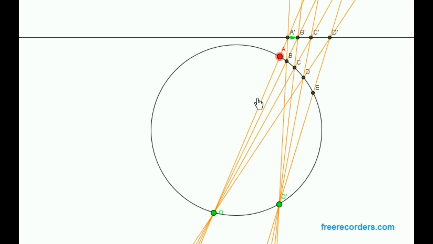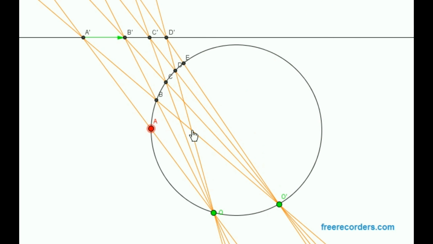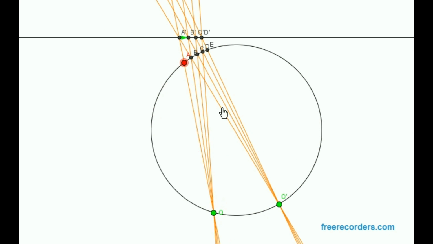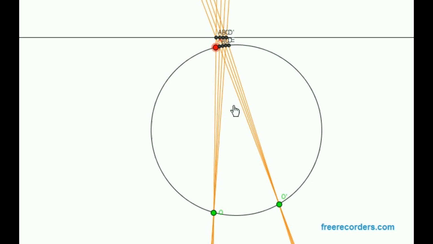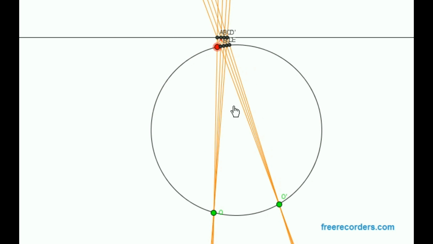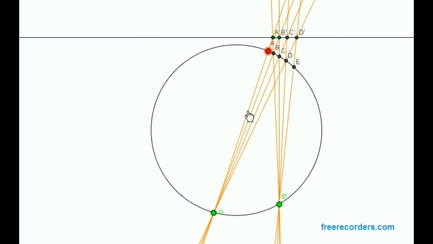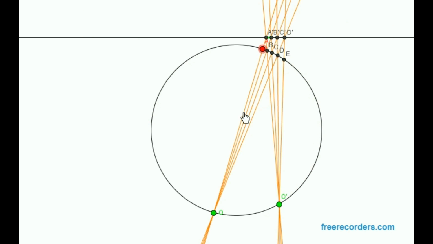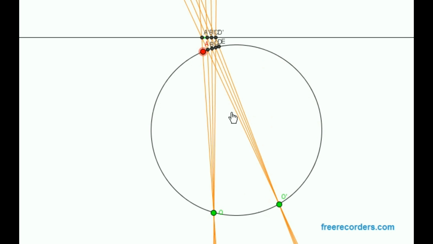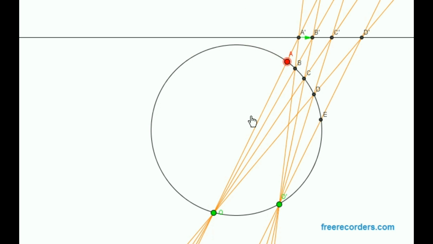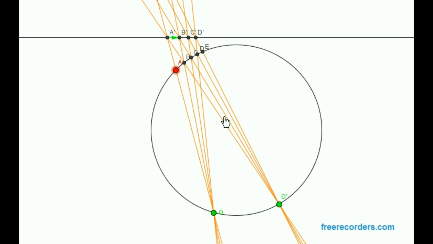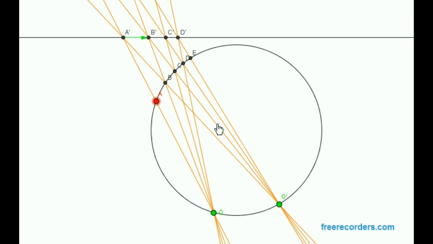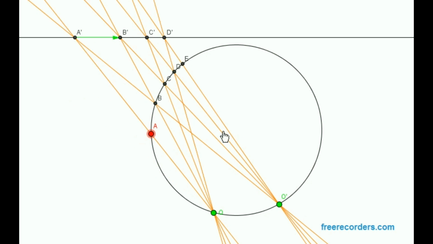These points on the line, they're always getting mapped to the right in this case by smaller and smaller amounts as we get closer to the place where the line is nearest to the circle, but they never stop. So we could say there are no fixed points, but it would be more precise to say that there are no real fixed points.